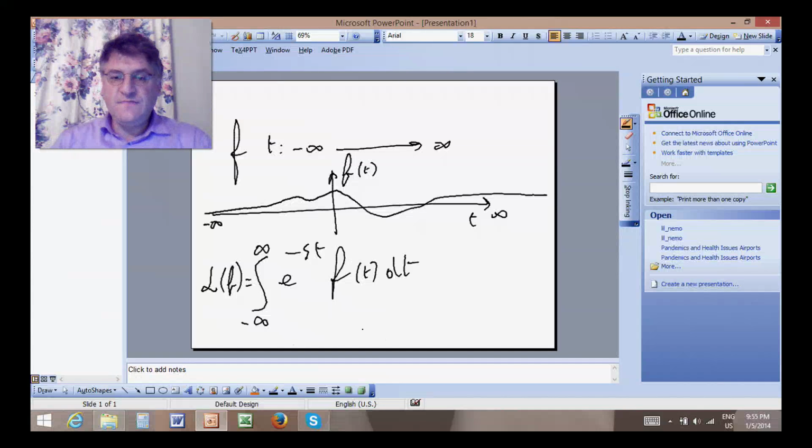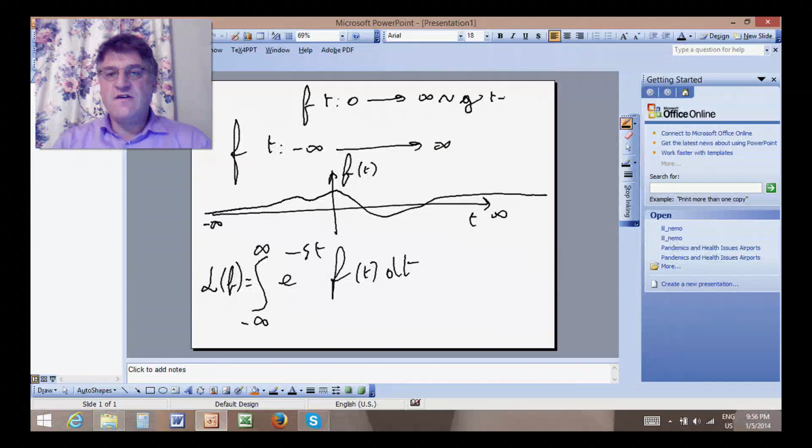Now, what we can do is realize that a function f which takes time from 0 to infinity is equivalent to a function g that takes time from minus infinity to infinity, and we can say that g of t is equal to 0 when t is less than 0, and otherwise g of t is equal to f of t.